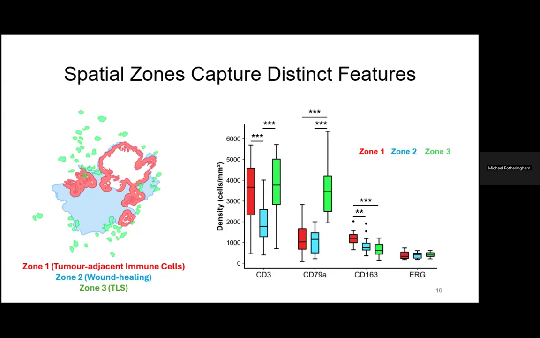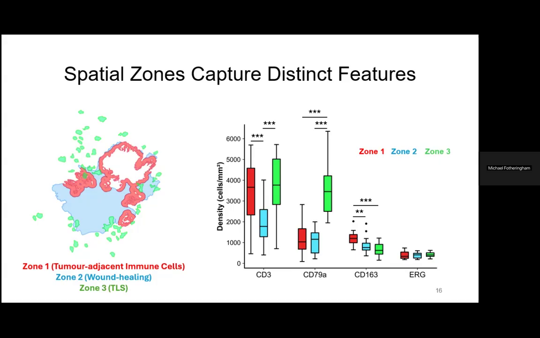We repeated this for our other markers: CD79A had its highest density in our tertiary lymphoid structures, CD163 had its highest density in zone 1, followed by zone 2, our wound healing, and the density of vasculature was approximately equal in each zone.